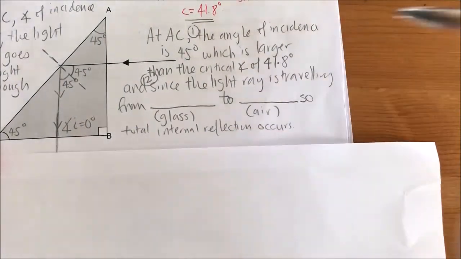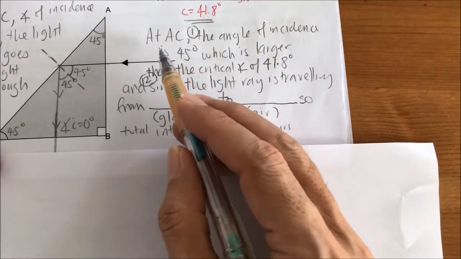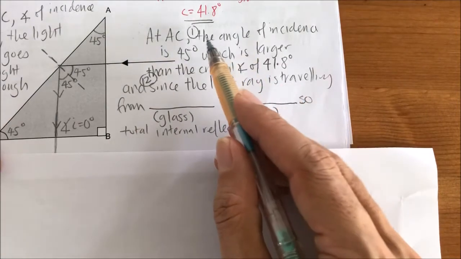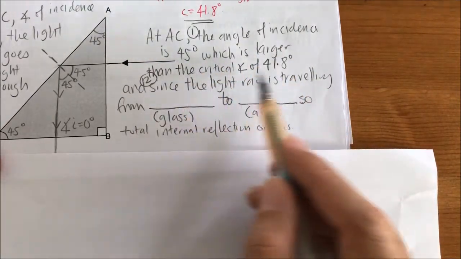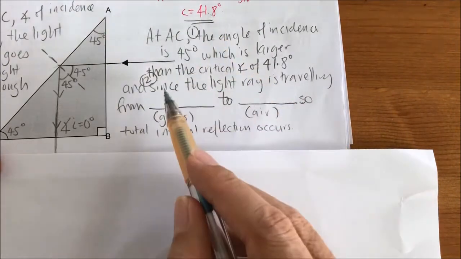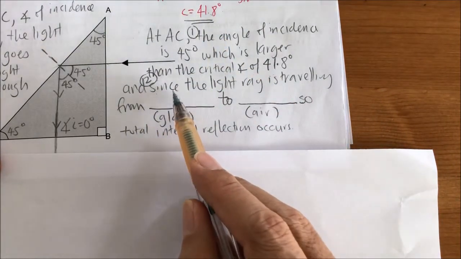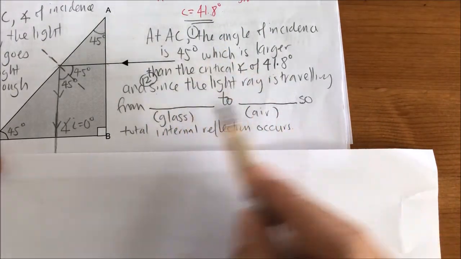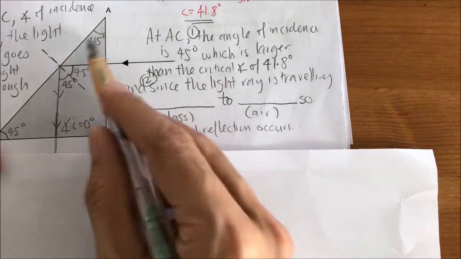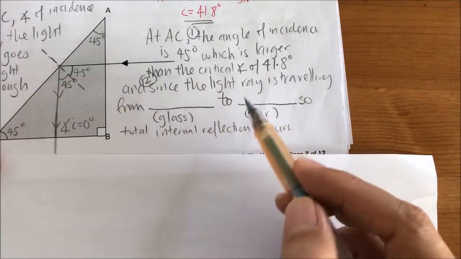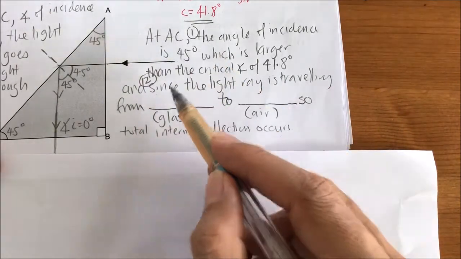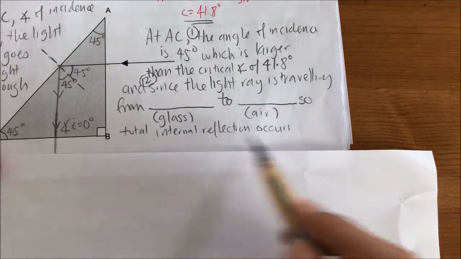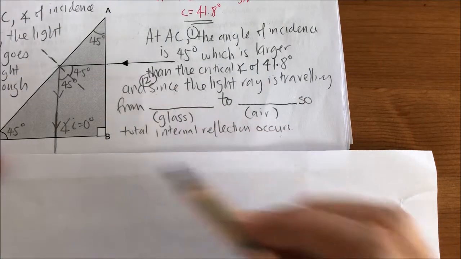When you explain, you have to say, at AC, the two conditions. One, the angle of incidence, 45 degrees, is larger than the critical angle which you found. And second, since the light is traveling from the optically denser medium of glass towards air outside, total internal reflection occurs. So I mention the two conditions, and then I say what happens.